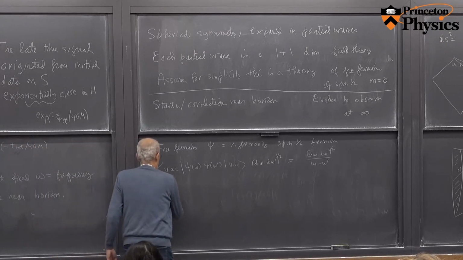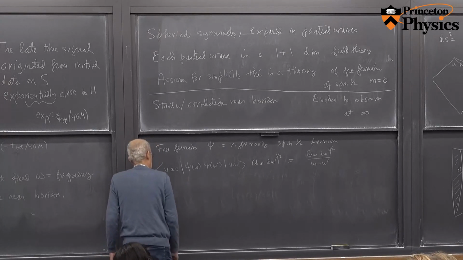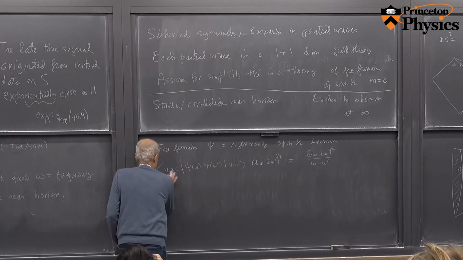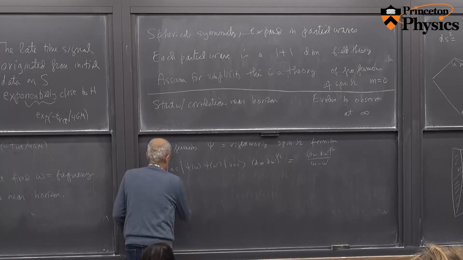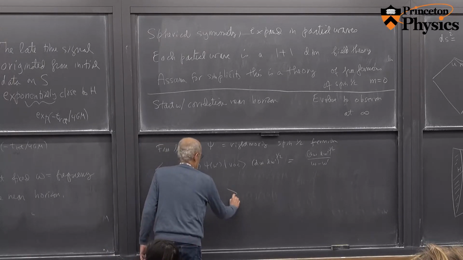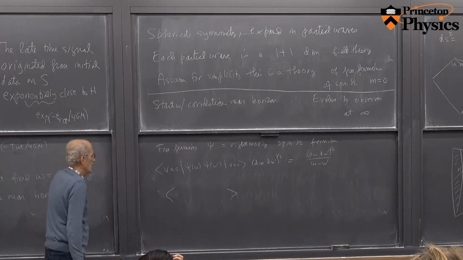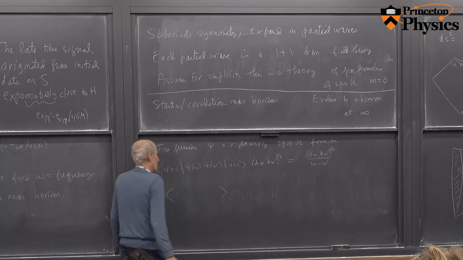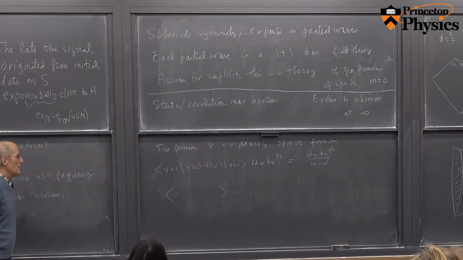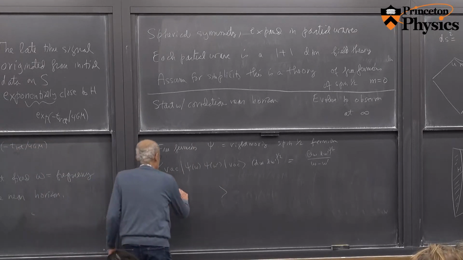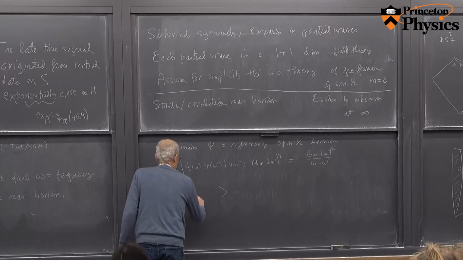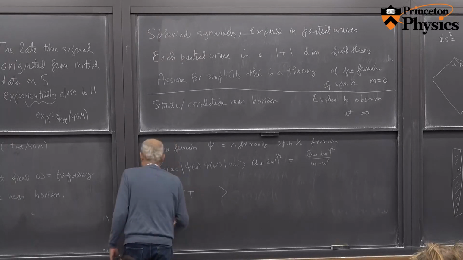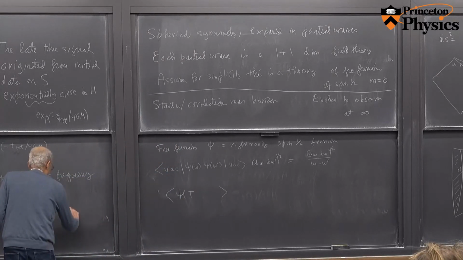So I'm going to write this in terms of an expectation value. I'm going to just write capital T as an abbreviation for retarded time.